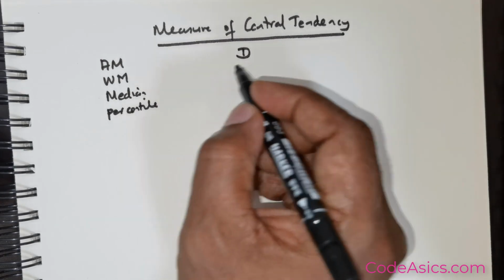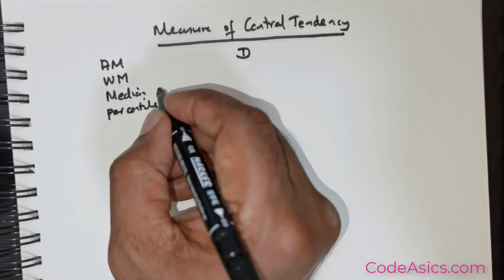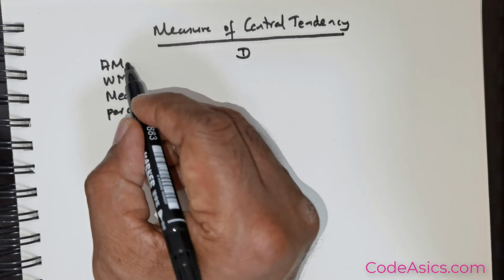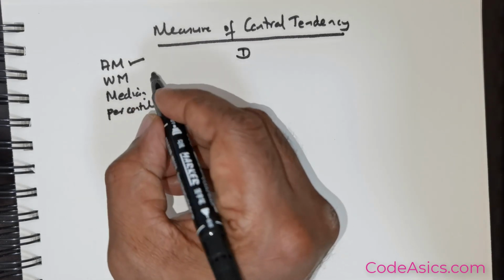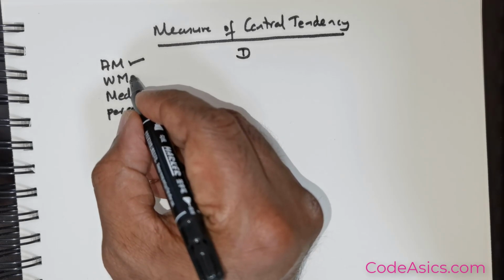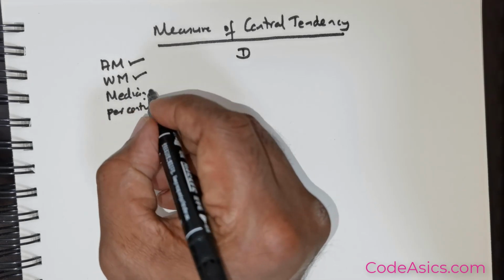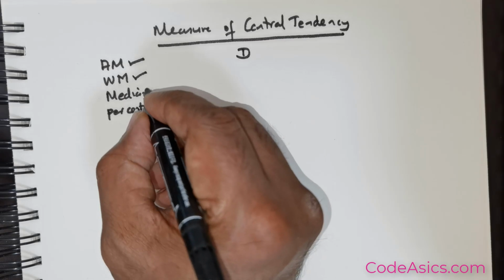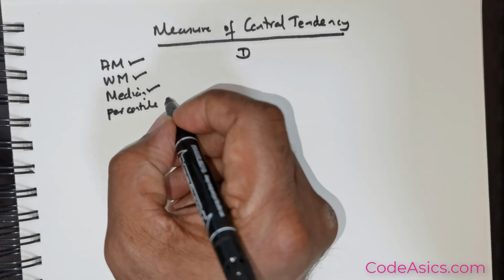Now, before I could go to the next heading, I have already explained to you what is the arithmetic mean and also about the weighted mean, and we have also done some problems with the median.